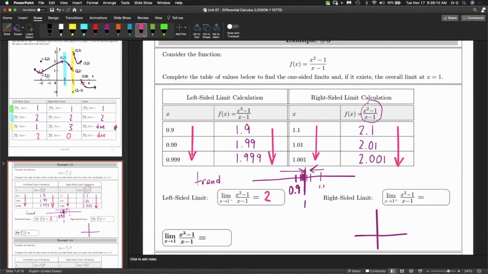Thank you, Vittorio. It's getting closer and closer to 2. And there you go. So that is the left and right limits using a table of values. I didn't use a picture this time. I used the table of values. So are these numbers the same? Yeah, they're the same. So then the overall limit is 2.